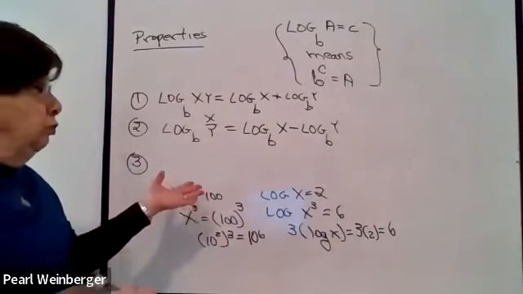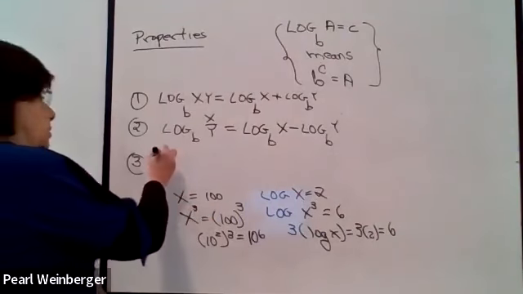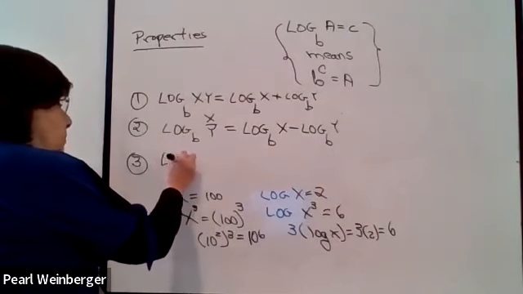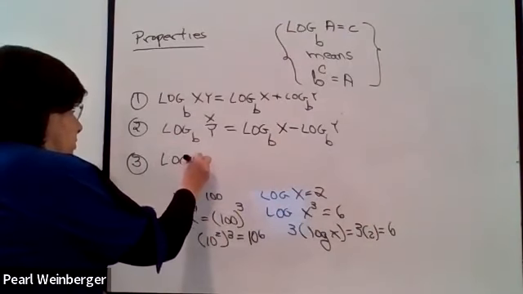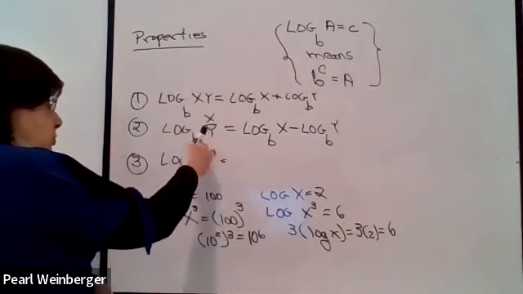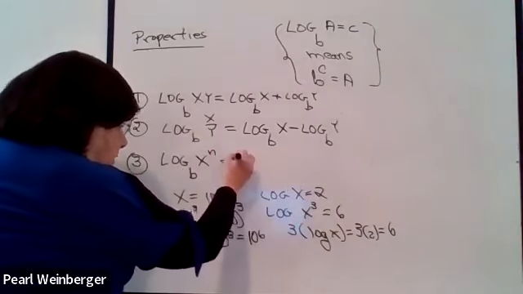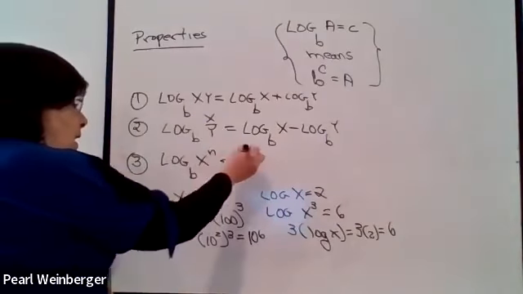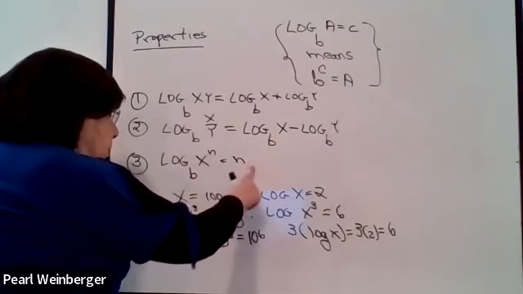So my new rule that has to do with exponents looks like this. If I have the log base b of x to some exponent, all I have to do is take that exponent, like this 3, in this case n, and multiply it by the log of x. I don't even have to write the multiplication.